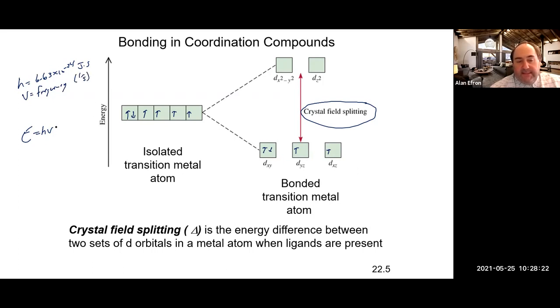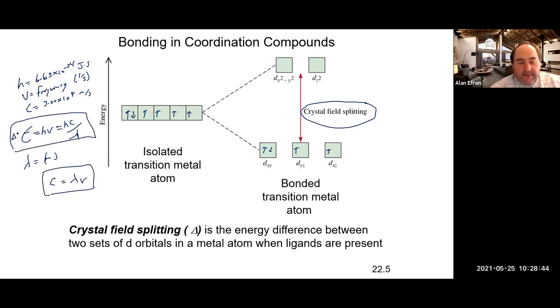That ties into hc over the wavelength, where c is the speed of light and the wavelength is in meters. That's because the speed of light is equal to the wavelength times the frequency. I throw back to some old equations here. And this also is sometimes just abbreviated with that delta.